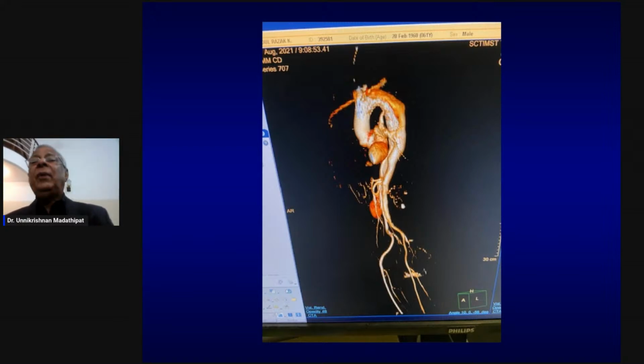So Stanford A is more dangerous than Stanford B, but according to the International Registry of Aortic Dissection, which explains Stanford A and B together, about 30 to 35% of the patients die if we don't treat the aortic Stanford B dissection, which I'll be alluding to more.